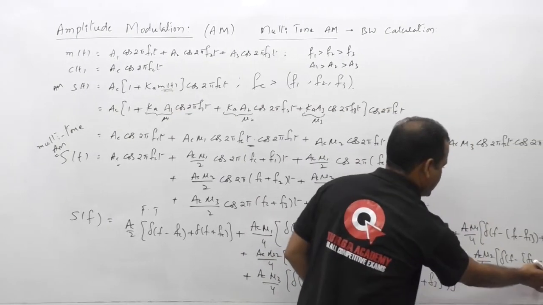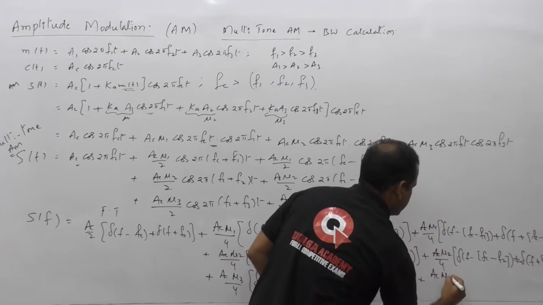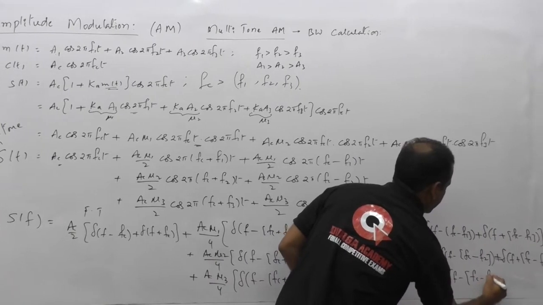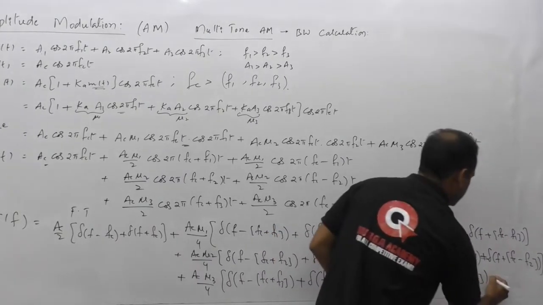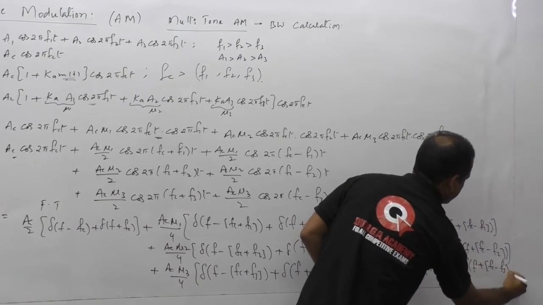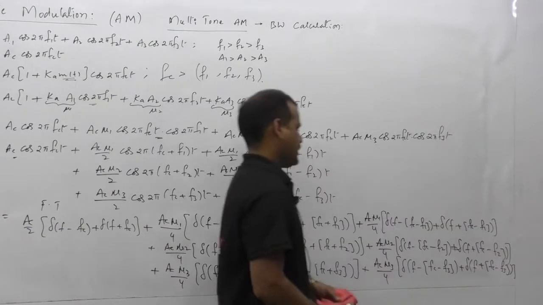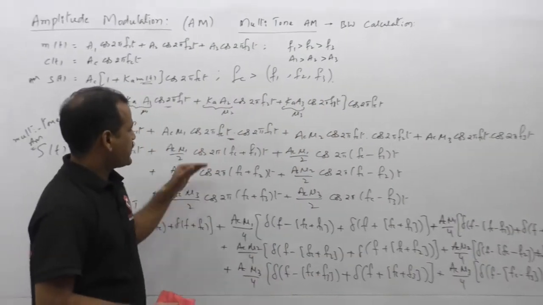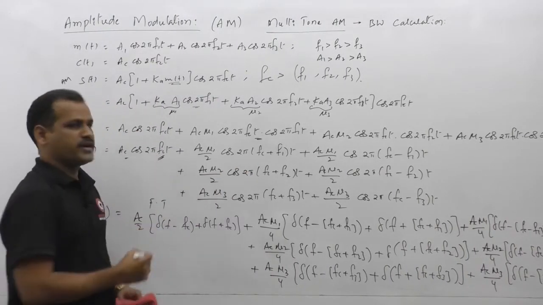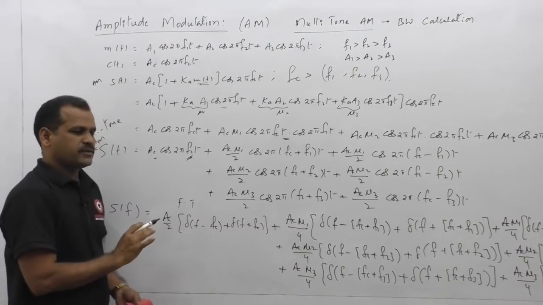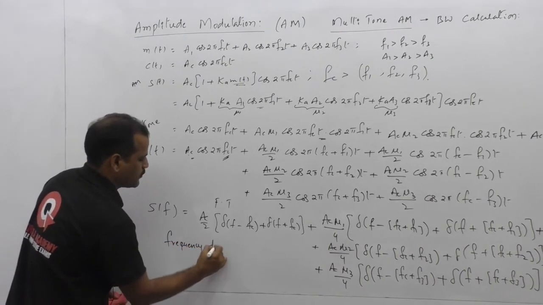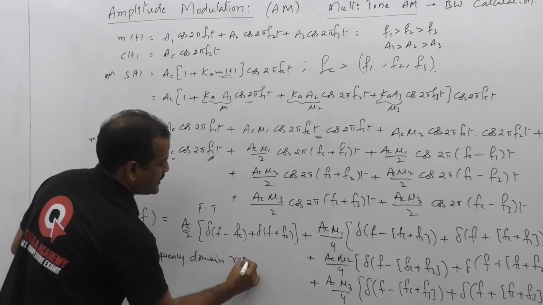In this expression we can replace f2 with f3, so that AC mu 3 by 4 del of f minus fc minus f3 and then del of f plus fc minus f3. Like that we are getting the delta functions for each cos term. We have 2 delta functions at their respective frequency components and the amplitude divided by 2. We got the frequency domain representation of multitone AM here.